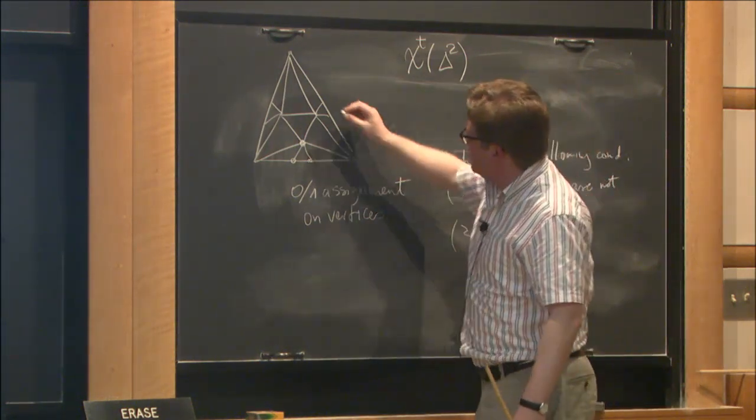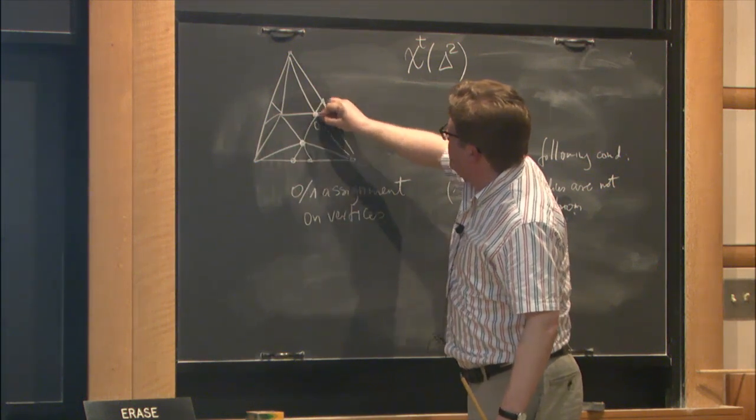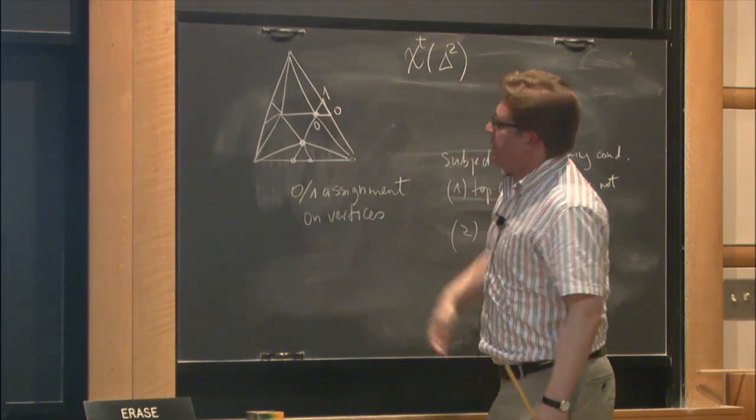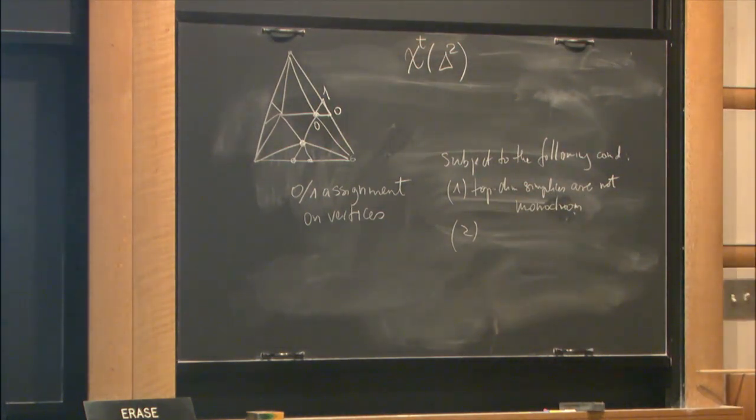But on this one, if I take some triangle here, then I'm not allowed to use the same label 0 and 1 on each triangle. For higher dimensions, on any simplex, I'm not allowed to use the same labels. That's the first condition.